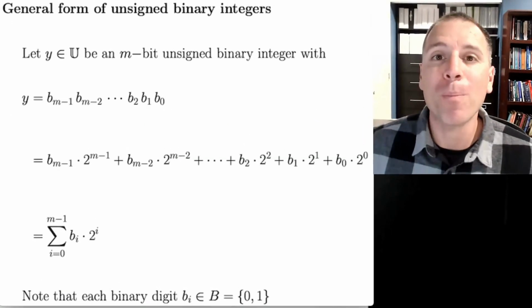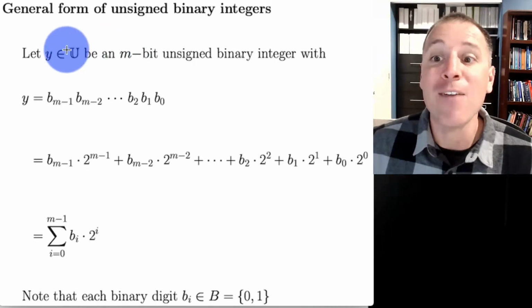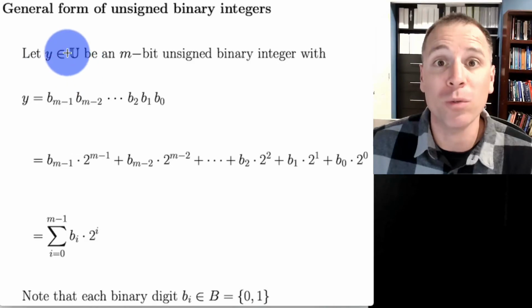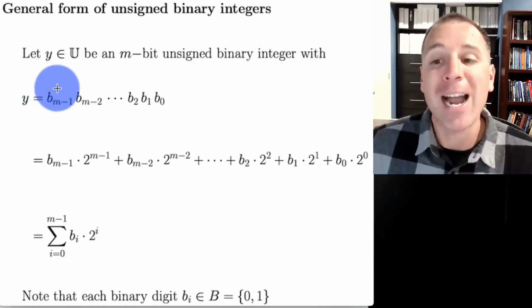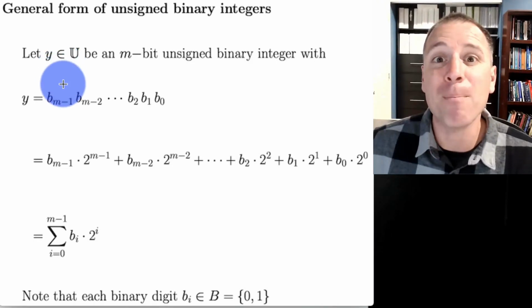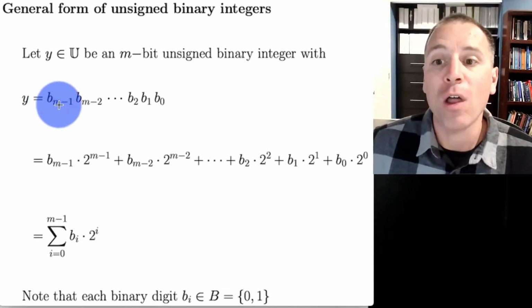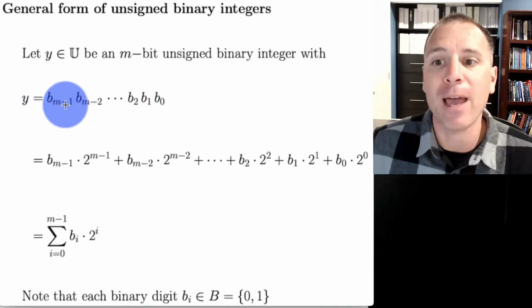Let's get a little bit more precise with our notation. Remember back to the general form for a binary representation of an unsigned integer. If we have that unsigned integer y in the set Blackboard U, the set of unsigned non-negative integers, the binary representation for y is given by m binary digits, or m bits. The leading bit, the one with the highest power, is the first one in our representation, and that's labeled b sub m minus 1.